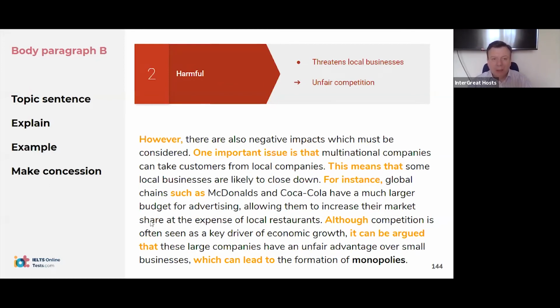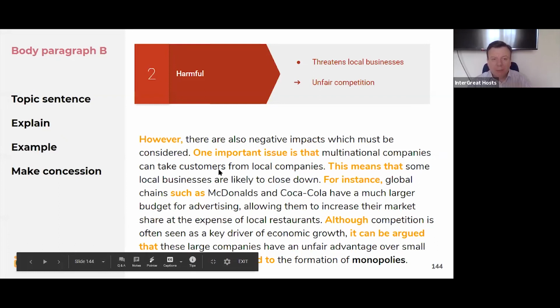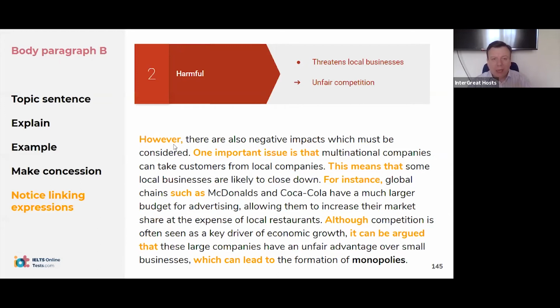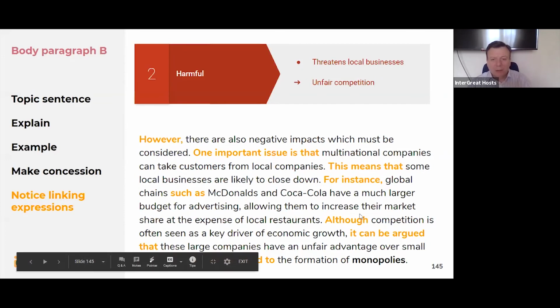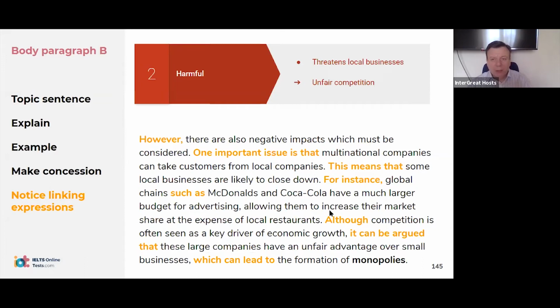Monopolies. So have a look at our linking expressions. Obviously we're using however. We could have used other words to show the contrast, nonetheless. One important issue is that this means that, for instance, such as, although, and then it can be argued, which can lead to.